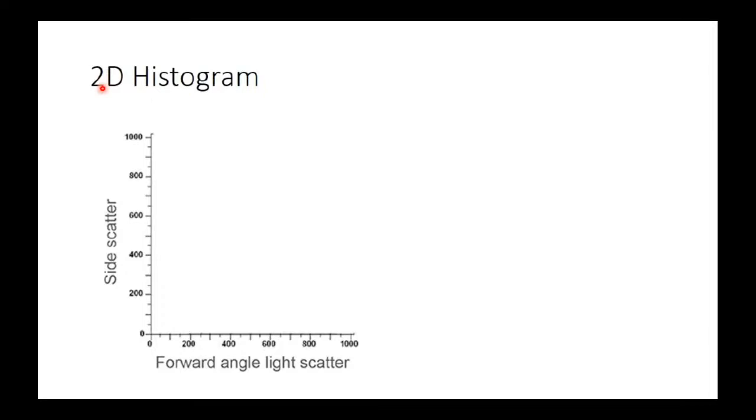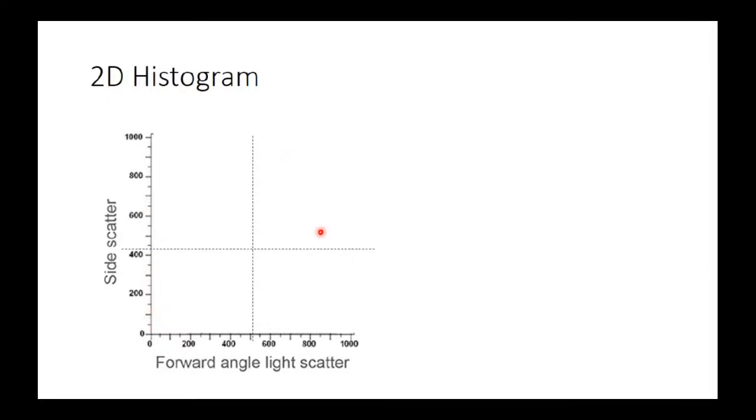From its name, it's two-dimensional, so I have side scatter and forward scatter data all together. In this case, what I get is something similar to this. So I have here four quadrants. If the cell appears in the lower quadrants, it means that it has a low signal on the side scatter detectors, which means that the cell is simple.